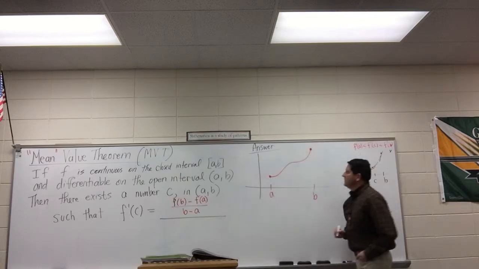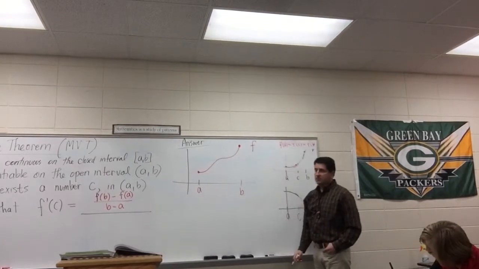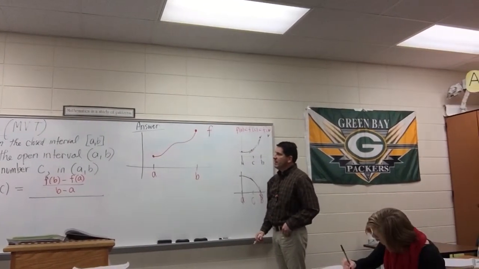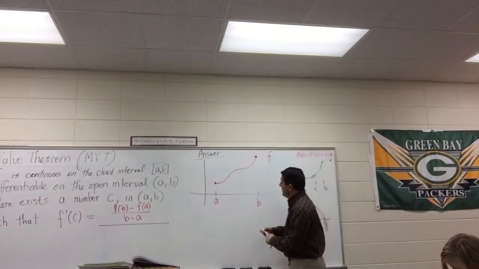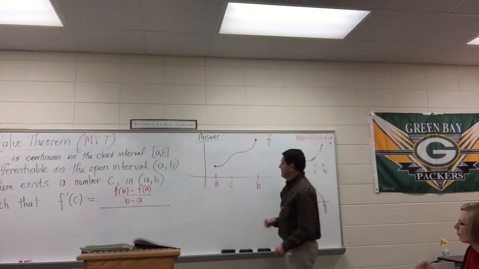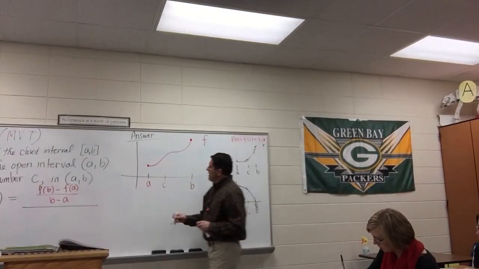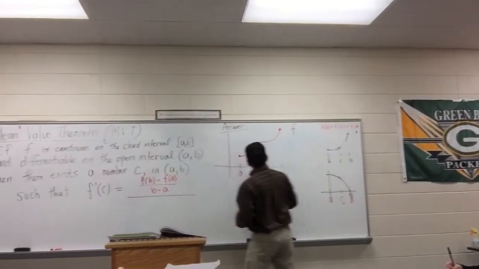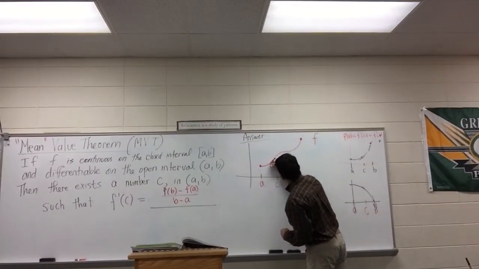We'll just do something like this, and this is f. So this all satisfies it. Then it says there exists a number C somewhere in AB such that f prime of C looks like this.